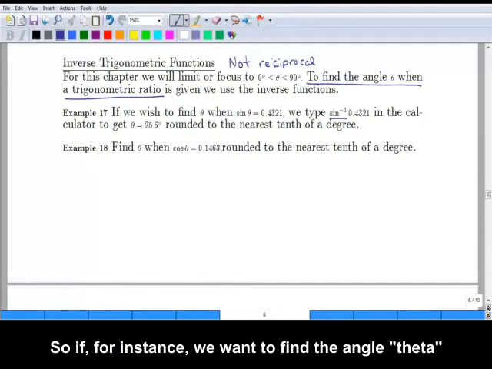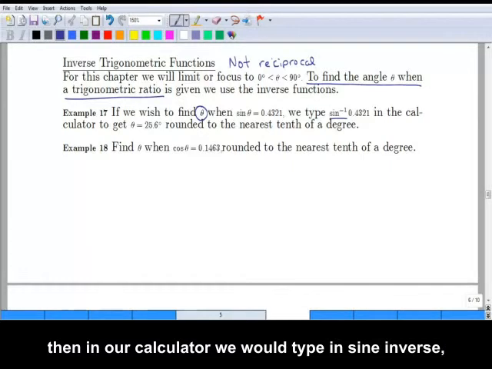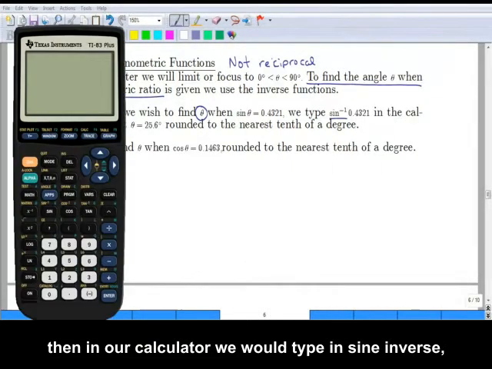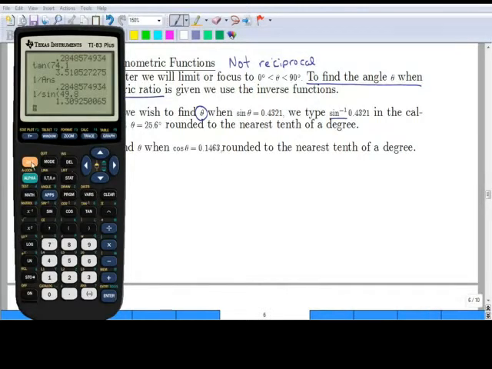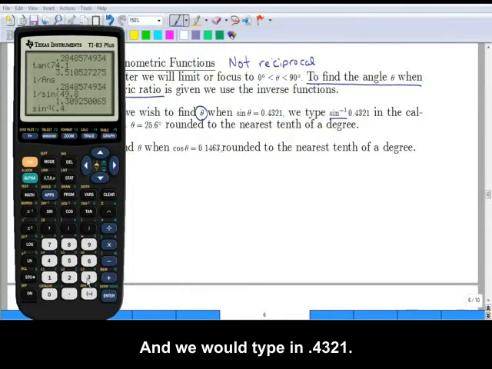So if, for instance, we want to find the angle theta, and we are told that the ratio for sine of theta is 0.4321, then in our calculator, we would type in sine inverse. So we would hit second and then sine to get our sine inverse, and we would type in 0.4321.